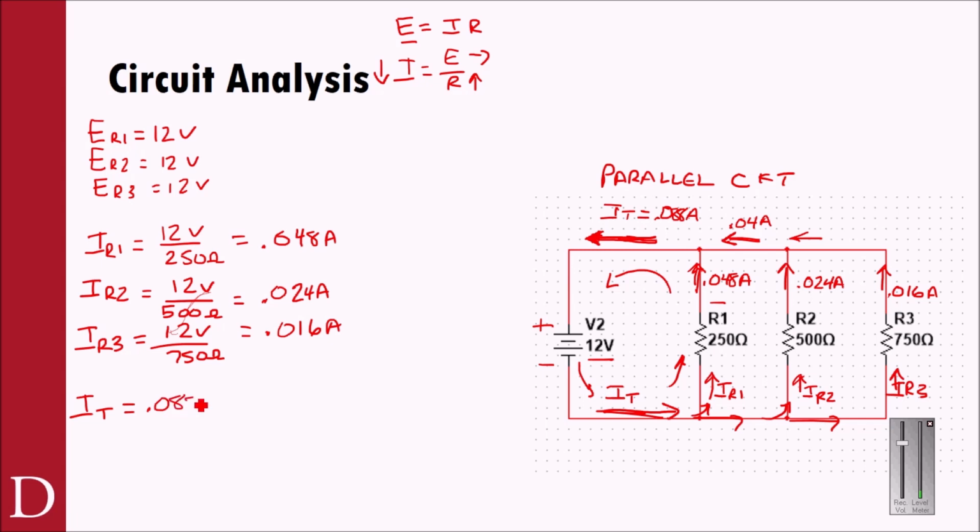And you can check that. It's a good idea to bring a calculator for the midterm, by the way, just so you can check your work. 0.048 plus 0.024, don't make a silly arithmetic error here, plus 0.016. I get 0.088 amps. If I then wanted to calculate the total power, I know that's IT times ET, right?